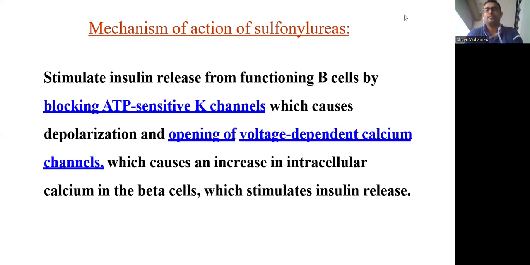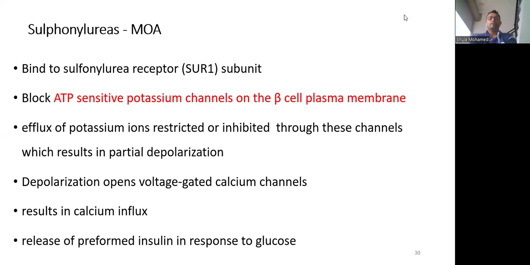Okay. Now I'm going to review step by step, an easy way, how sulfonylurea is acting. So first, the sulfonylurea binds to the sulfonylurea receptor.